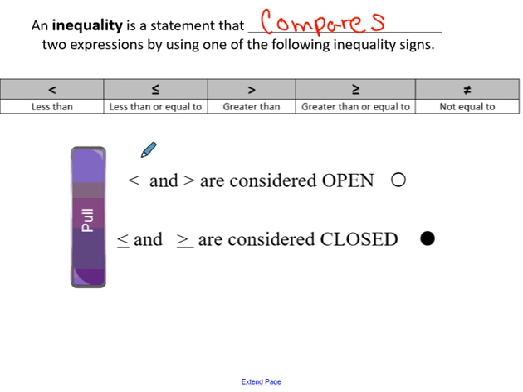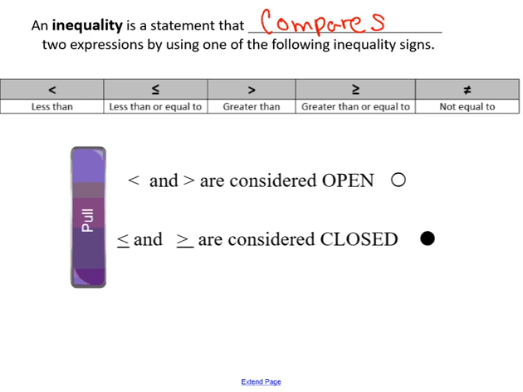If you have the inequality of a less than or a greater than, so there's no or equal to line, when you graph them, we graph them as open circles. But if you have a less than or equal to or a greater than or equal to, those are closed. So we graph those as closed dots. And we're going to see that at the bottom of the first page. You can see we have some number lines. We're going to use that knowledge there.